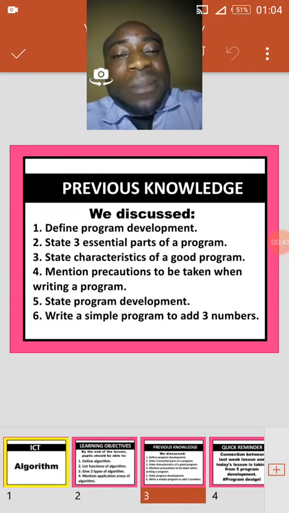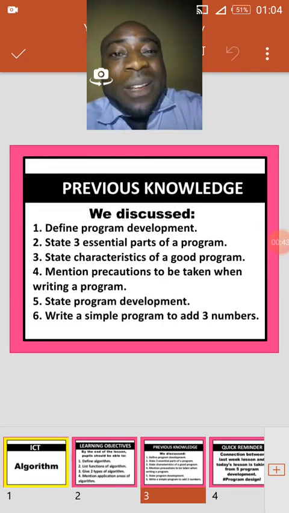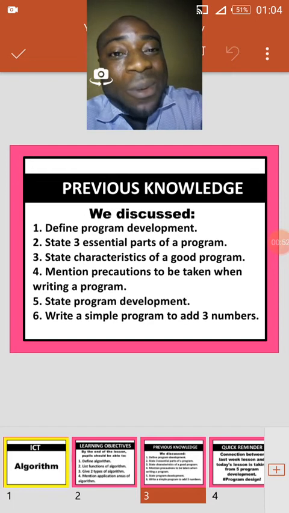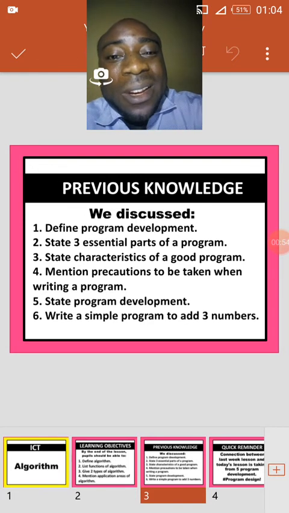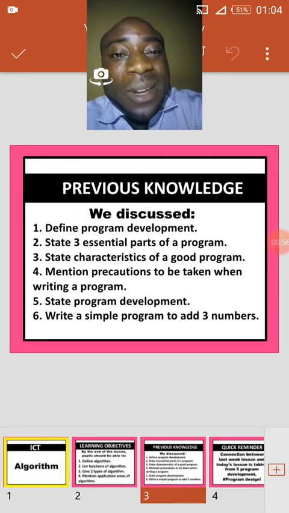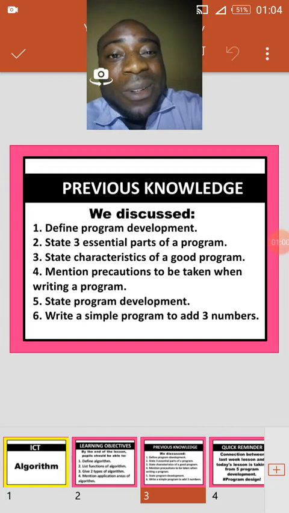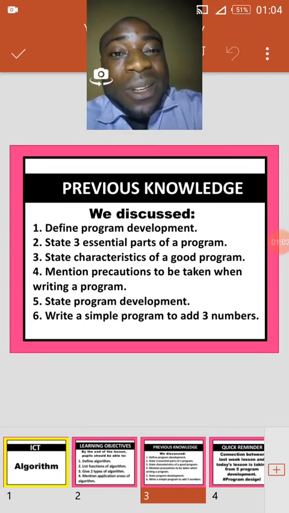Now, before we continue, because there is a connection between last week's lesson and today's lesson, I would like us to go back and review our last week lesson, where we defined program development as a step-by-step method a programmer follows to write a computer program.